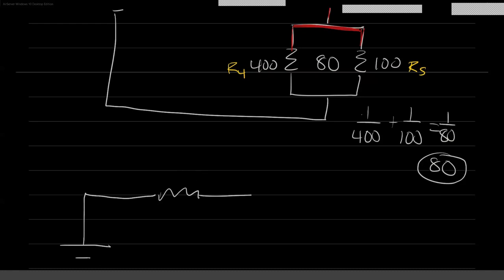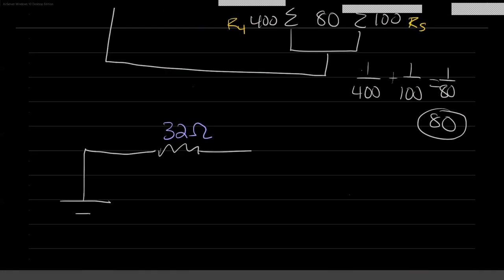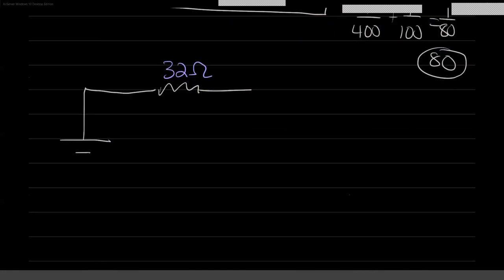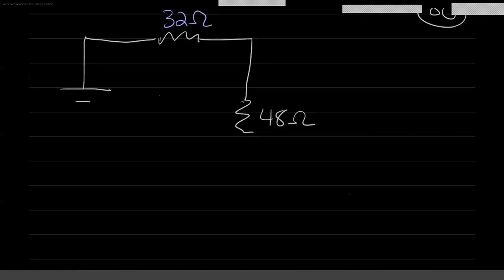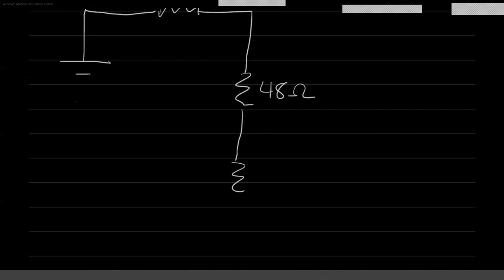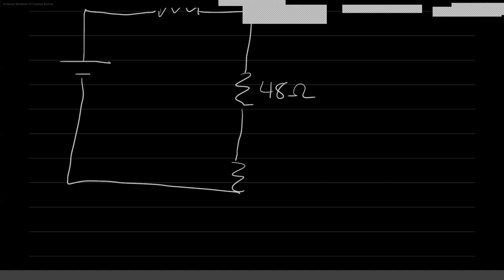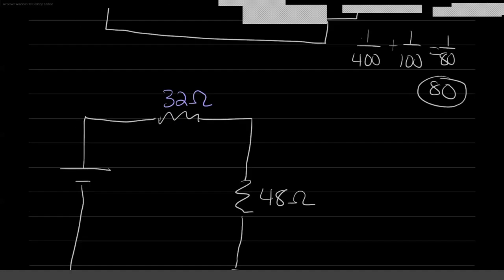For right now, I'm going to use a different color for those, just so we can recognize that these aren't real resistors. They're values that we came up with, right? So this one's 48 ohms. And then we said that this one, I'll just finish my drawing quick, is 80.